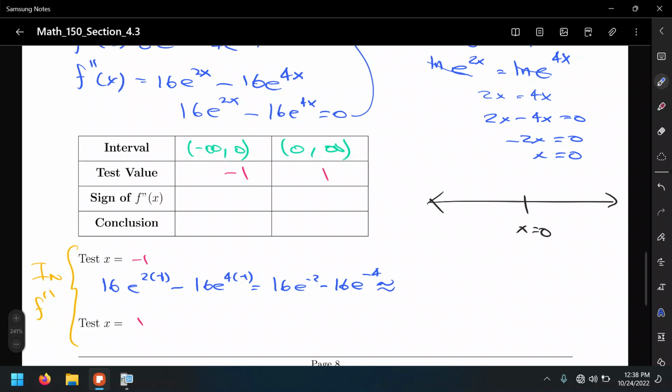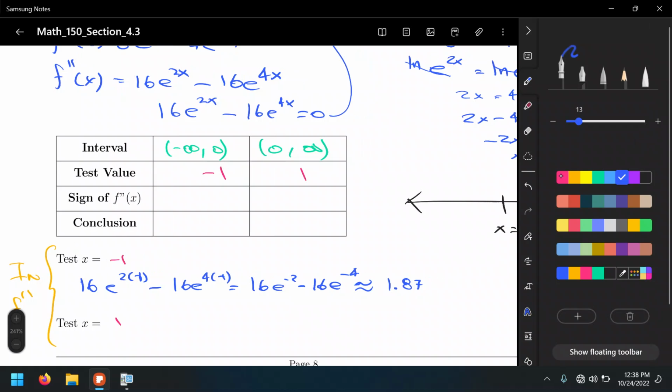So this is 16 e to the negative 2 minus 16 e to the negative 4. And that's going to give us a positive 1.87.